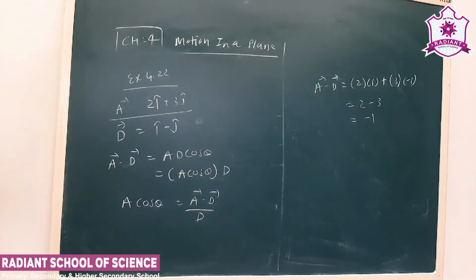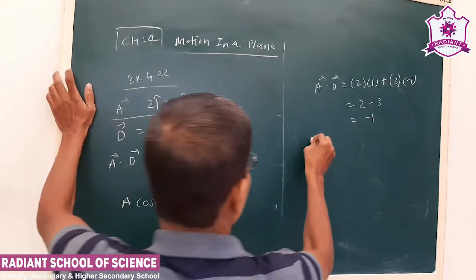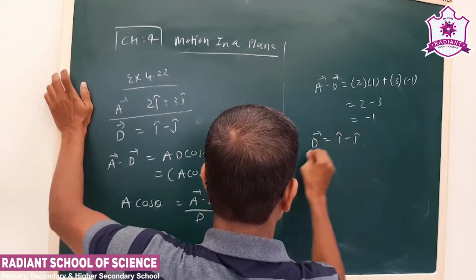And what is the magnitude of the vector D? D is i minus j.